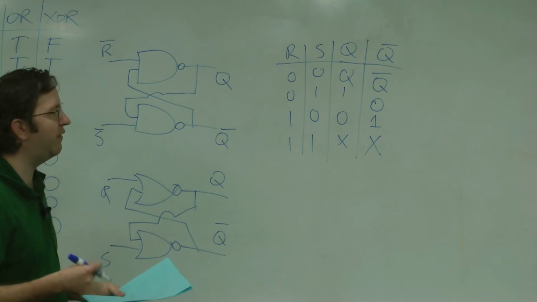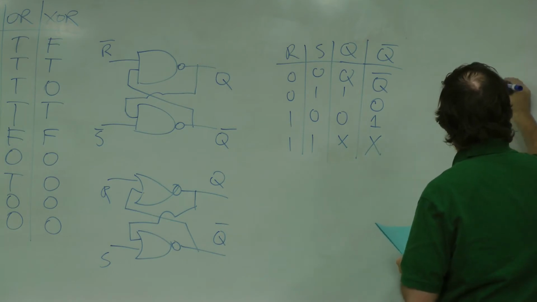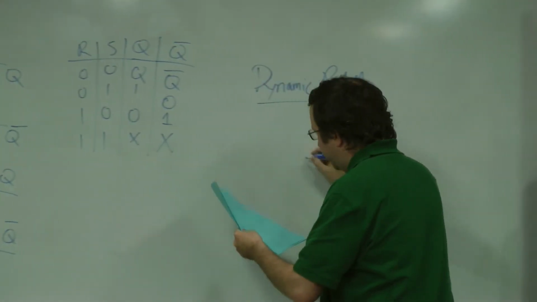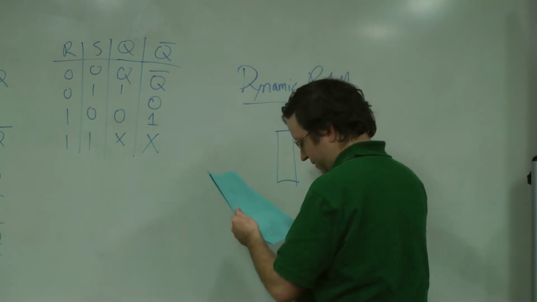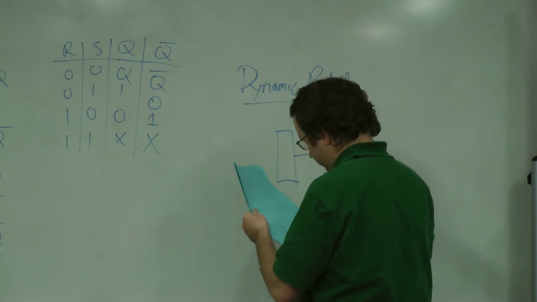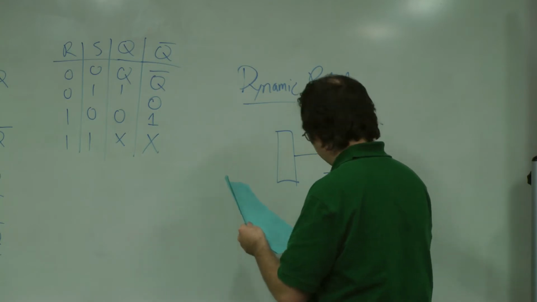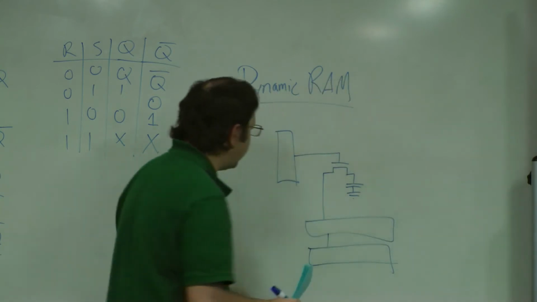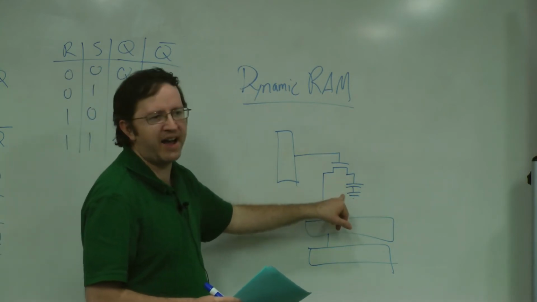Now there's one other form of memory I quickly want to mention, and that is dynamic RAM. In binary, there is a relatively simple way to store a value, which is to have a transistor and a capacitor.